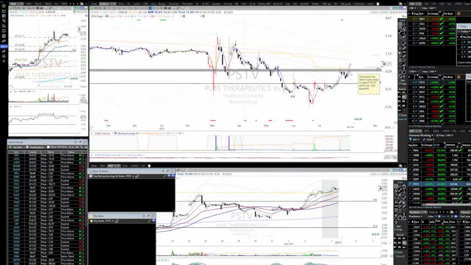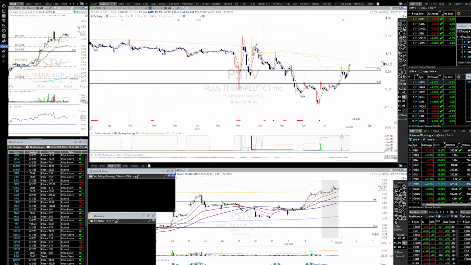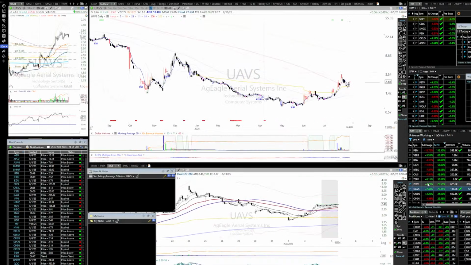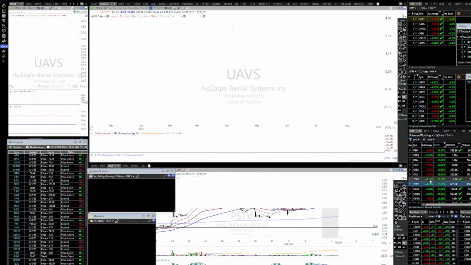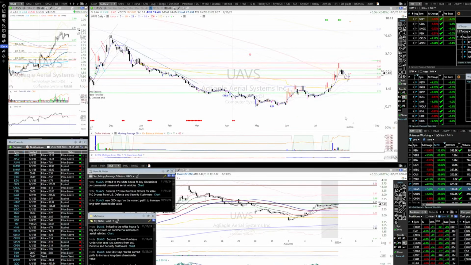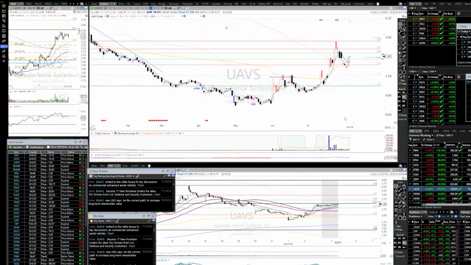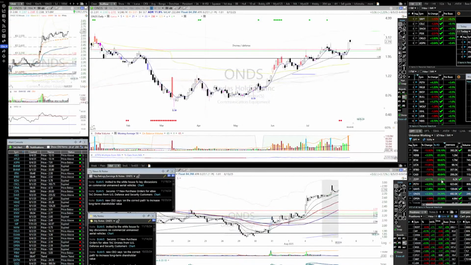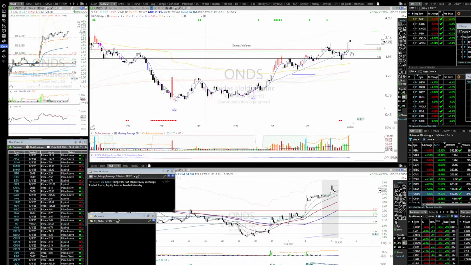This one was nice here yesterday, but not enough volume. It's not even close. What's wrong with the volume today? This one's nice. It was my first alert, I think. One of the first ones. You can see.